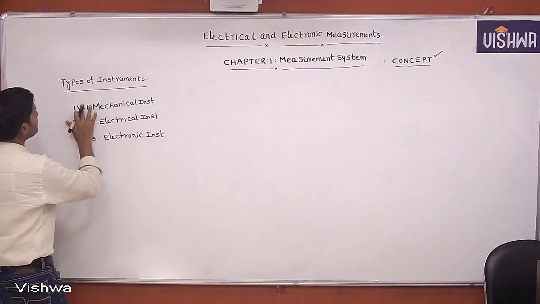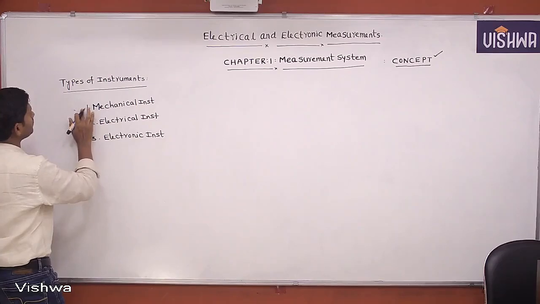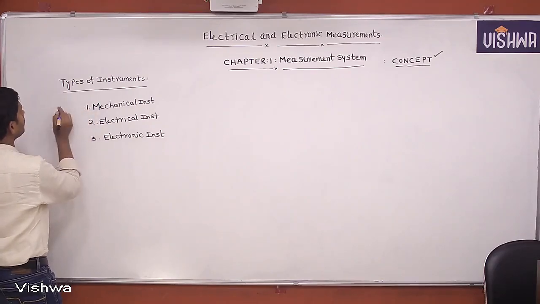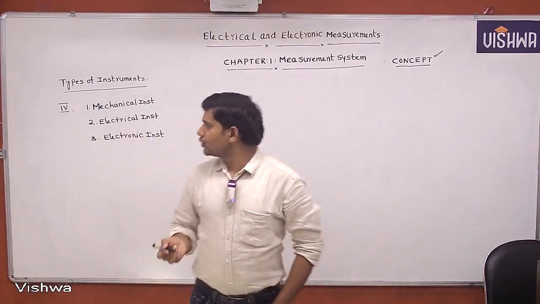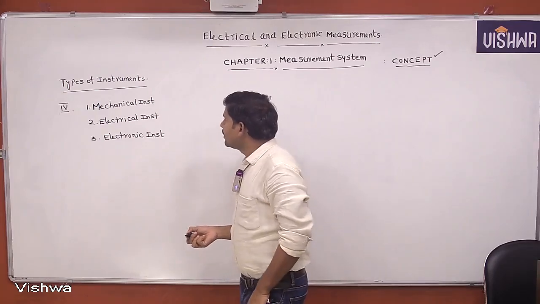This is the fourth classification of instruments we are using: mechanical instruments, electrical instruments, and electronic instruments.